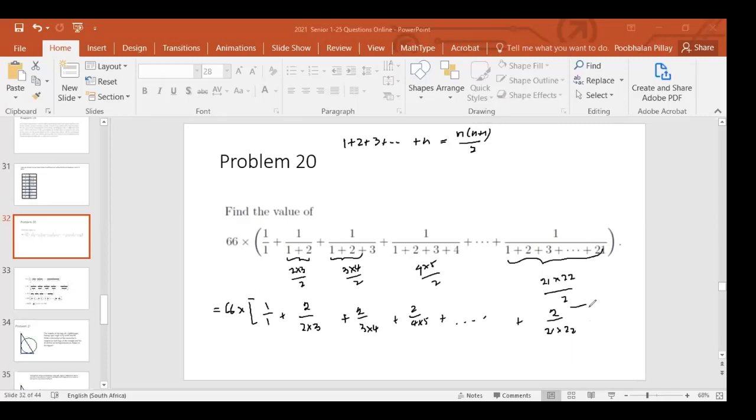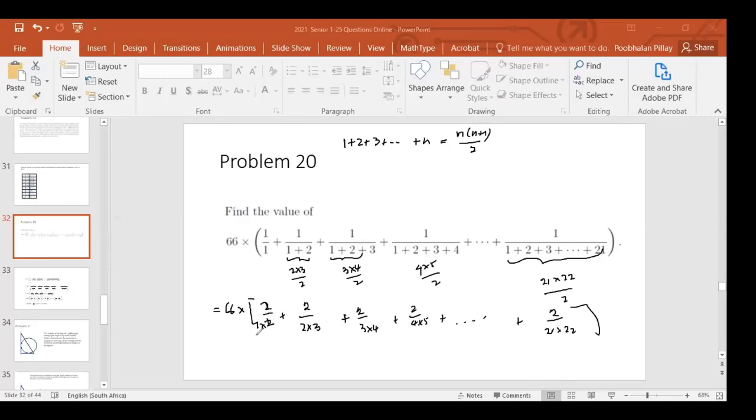I'm trying to look for some easy way of solving this problem. All right, I've got all 2's at the top there. I don't have 2 yet for the first term, so let me make this 2 over 2 as well. So one is 2 over 2, and you can see the pattern, 2 over 1 times 2.